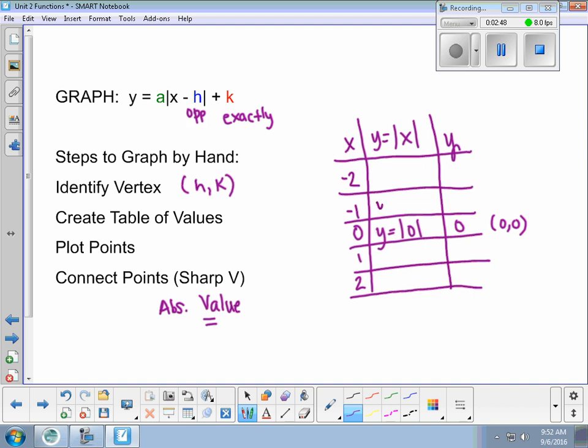So now I have y equals the absolute value of -1, which gives me 1, and y equals the absolute value of -2, which gives me 2. Y equals the absolute value of 1 is 1, and y equals the absolute value of 2, which is 2. So I've got these points to graph.